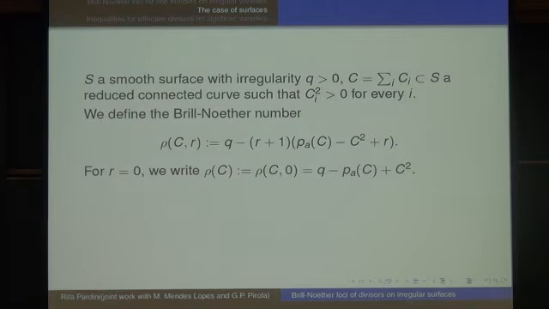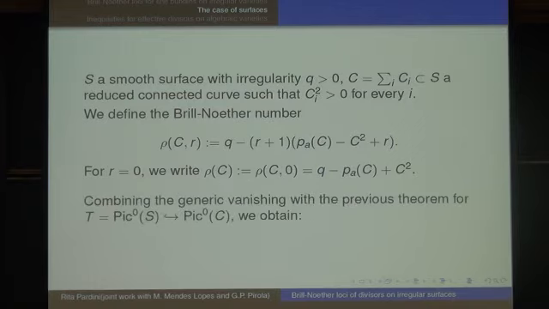And again, the r equals 0 case here is maybe the most interesting for us, and so in this case I just dropped the r and I just write rho of C.